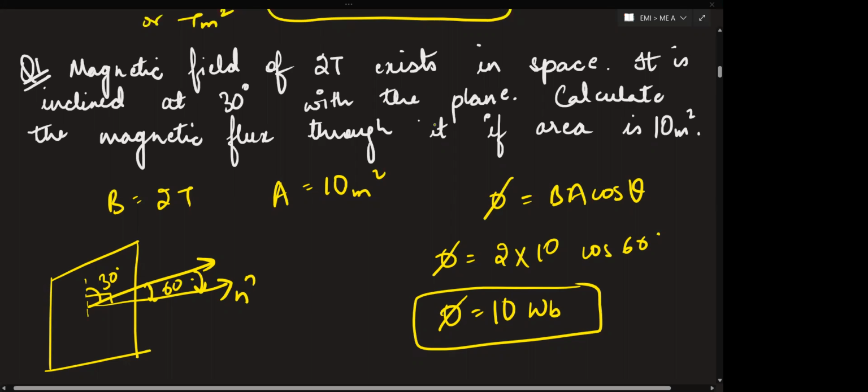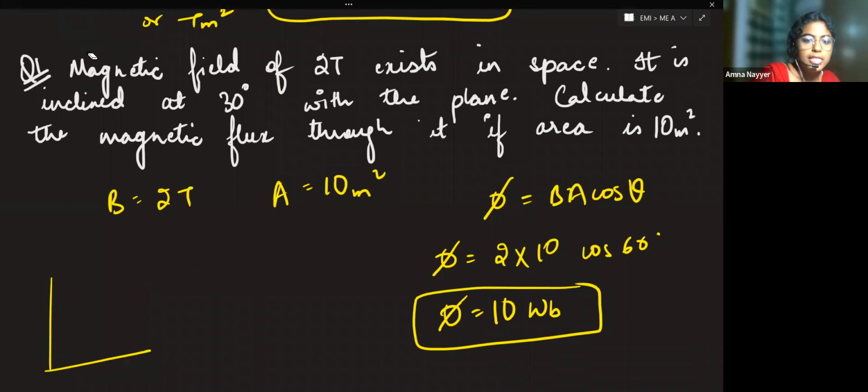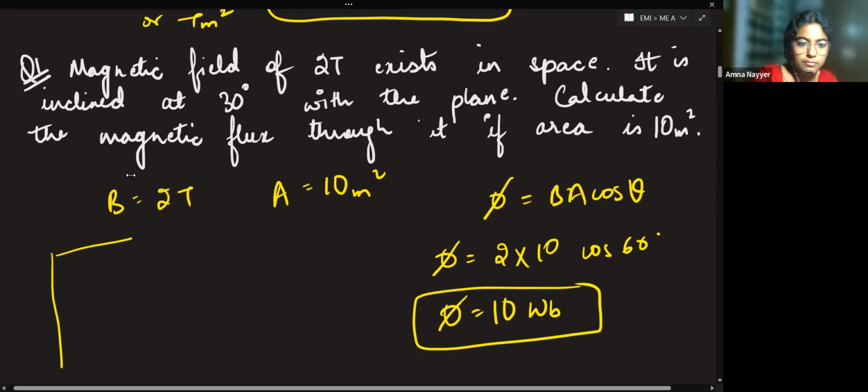Ma'am, can you explain this question again? I didn't understand. Yes. See, a magnetic field exists in space. It is inclined at an angle of 30 degrees with the plane. It means this is a plane sheet, and this is the magnetic field.